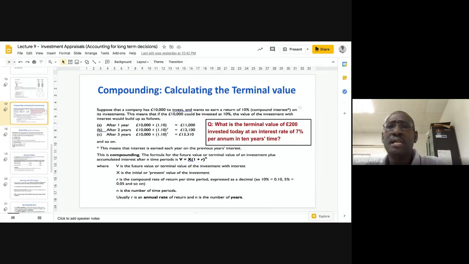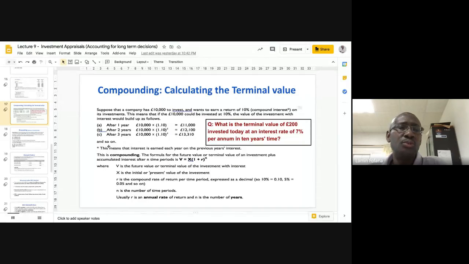Now, before we look at the NPV method and the IRR method, we're going to look at two methods. That's the terminal value, which is future value. You get your future value by compounding.